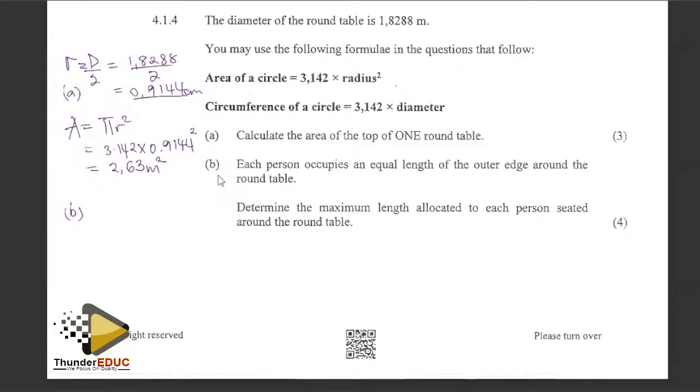Part B. Each person occupies an equal length of the outer edge of the round table. When you hear outer edge, simply meaning on the edge, this is going to be the circumference, going to be the circumference divided by the number of people on each table.